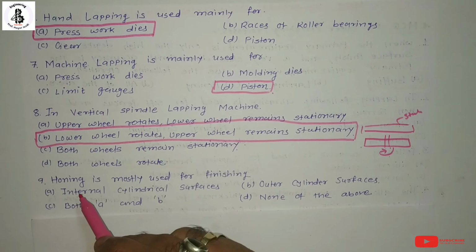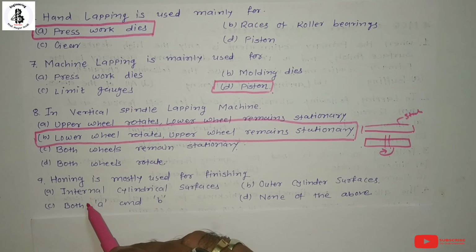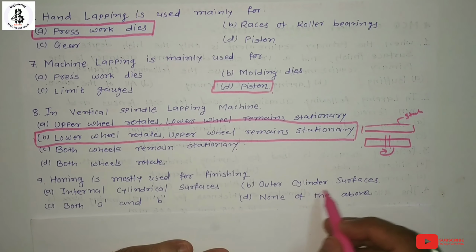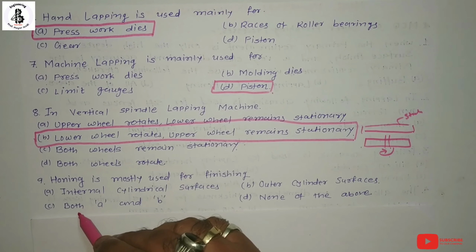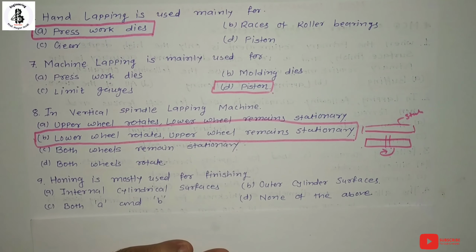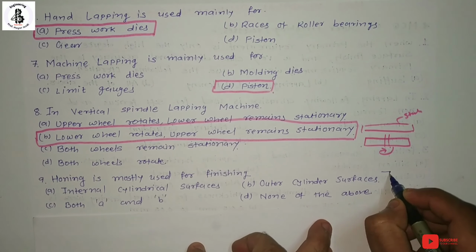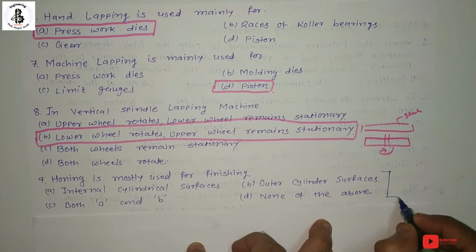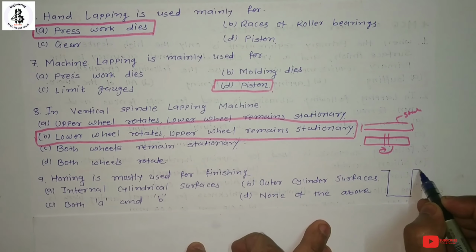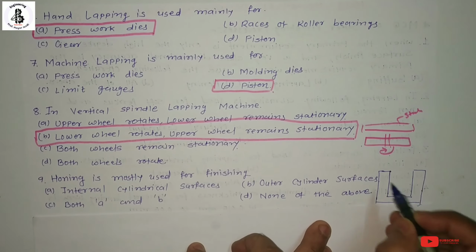The next question. Honing is mostly used for finishing option A, internal cylindrical surface, option B, outer cylindrical surface, option C, both A and B, option D, none of the above. So basically honing is generally used for making an internal cylindrical surface finish. This is our workpiece, a cylindrical workpiece.